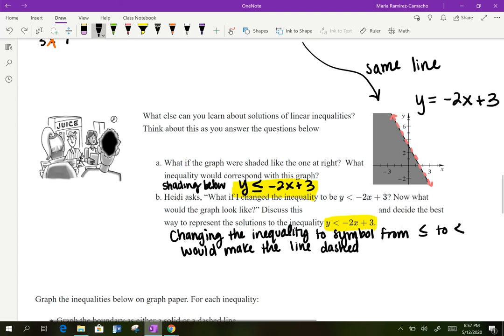Okay, so I'm going to add here, changing the inequality symbol from less than or equal to less than would make the line dashed, because the points on the line are no longer solutions.